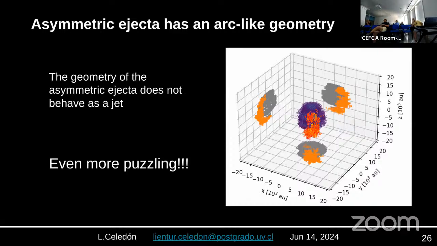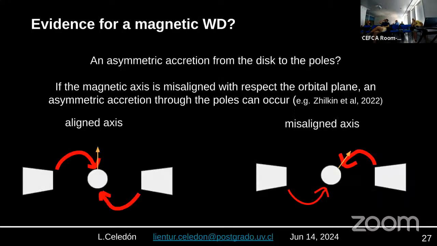As I mentioned a couple of seconds ago, we believe that the origin for this ejection lies in the eruption itself. One possibility is that this is evidence for a magnetic field within the system. Why? Because in a magnetic white dwarf, the material is accreted along the magnetic axis. If this is aligned with the orbital plane, the accretion will be equal at both poles, here and here.